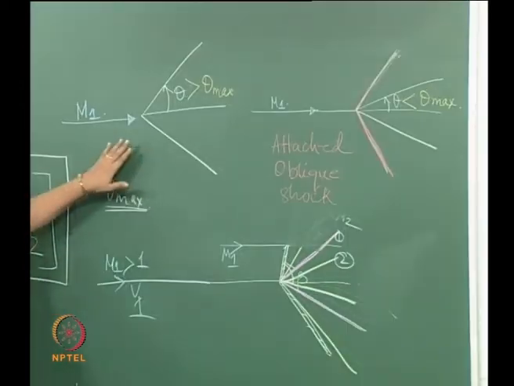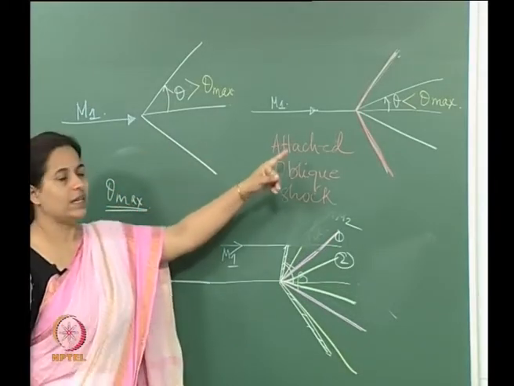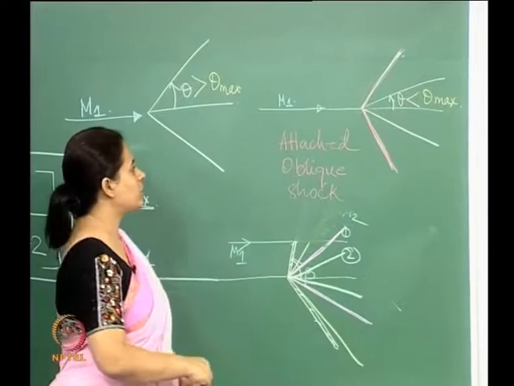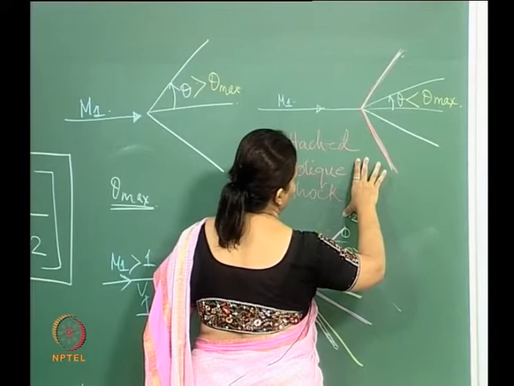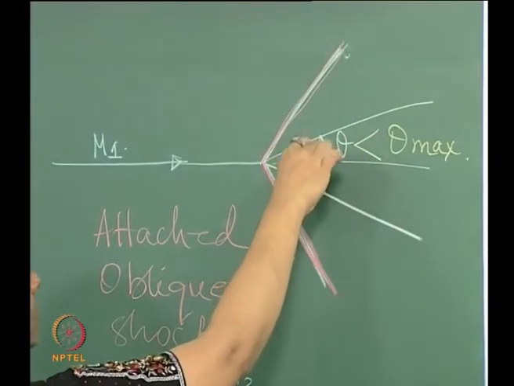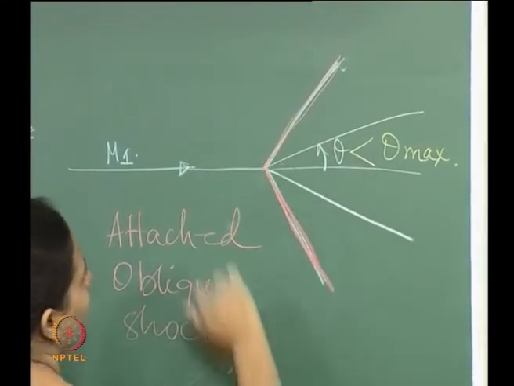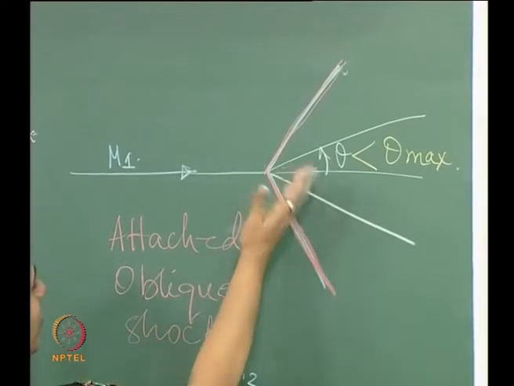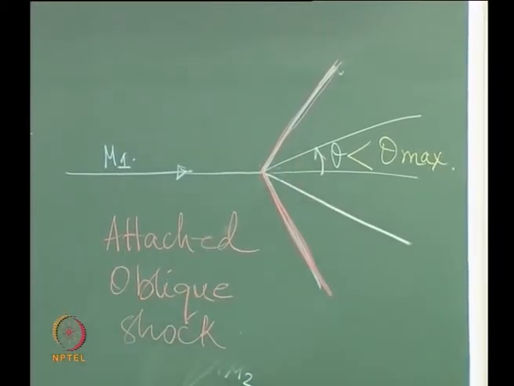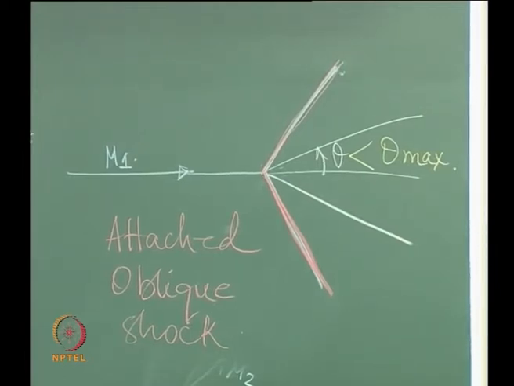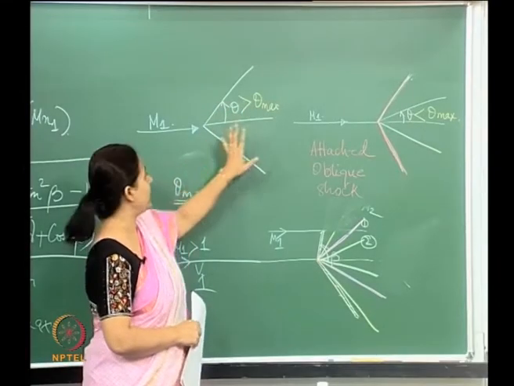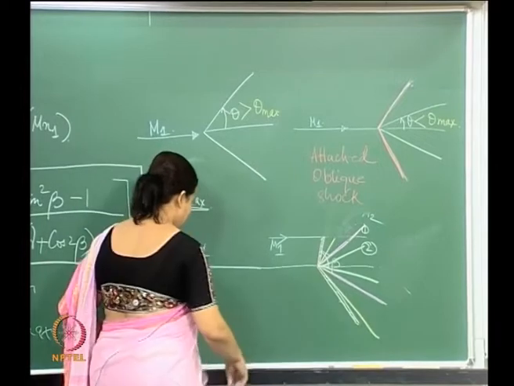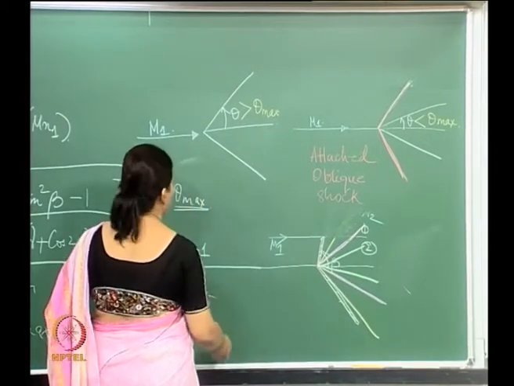And what happens in this case? Their theta is less than theta max, so we have an attached oblique shock. Now this theta is increased, so there will be changes in the geometry of the oblique shock as we increase that theta further. When this theta becomes larger than theta max, what will happen is this.